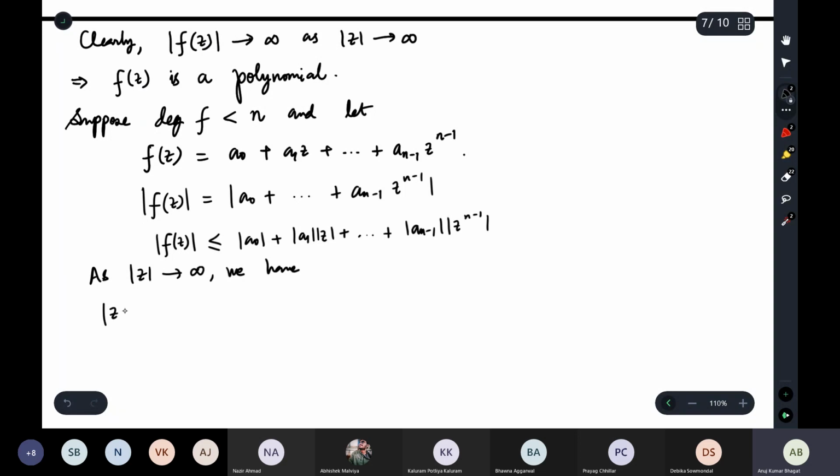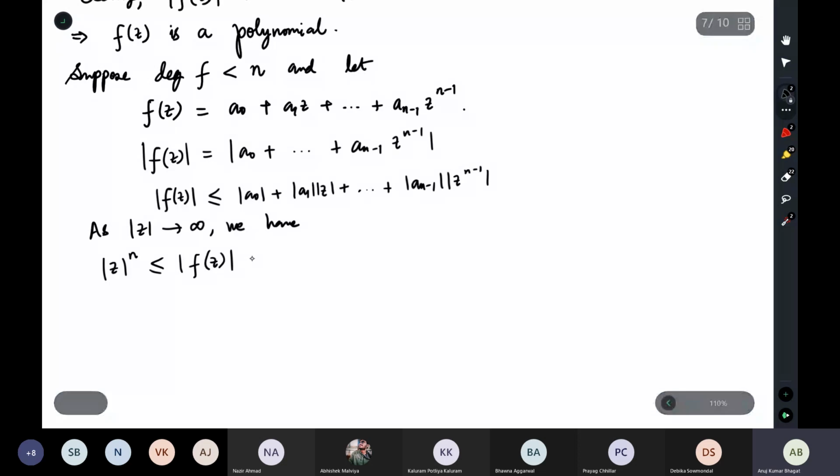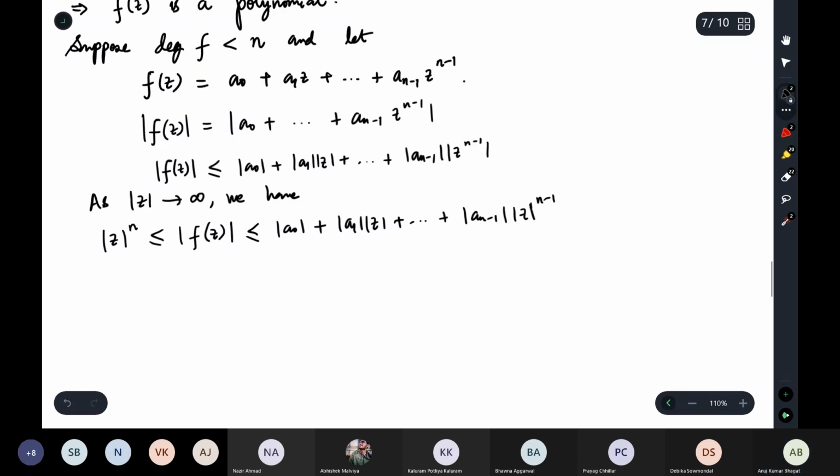That modulus of z to the power n is less than or equal to modulus of f(z), right? And I'm just writing in the opposite manner, and this is nothing but less than or equal to modulus of a0 plus modulus of a1z and so on.